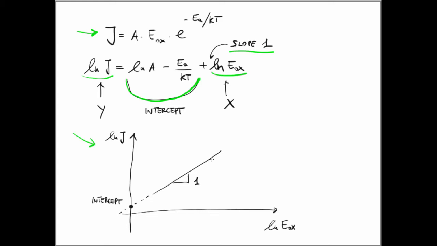and we should expect the data to be fitted by a straight line with slope 1, and the intercept in this case would be related to, again, this quantity here, ln minus EA over kT. So in principle, we could calculate EA using the intercept value from the fit we did.